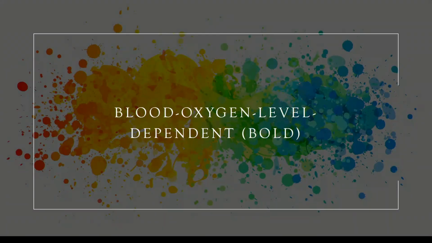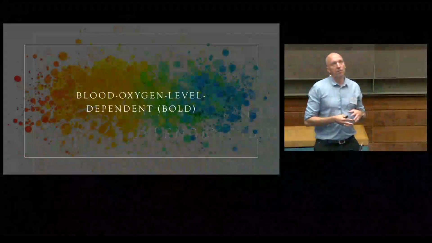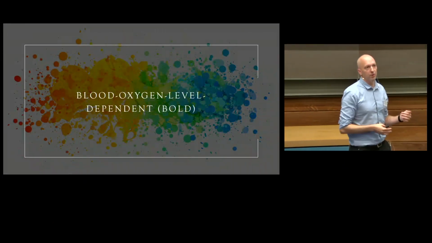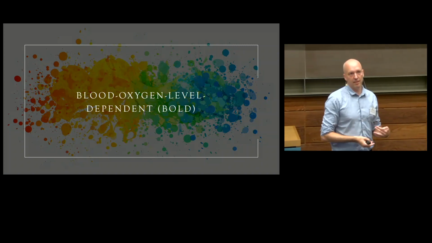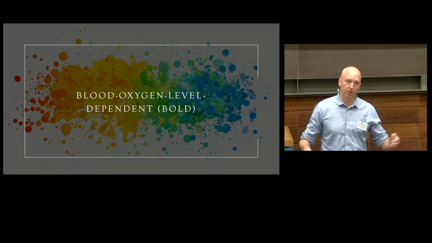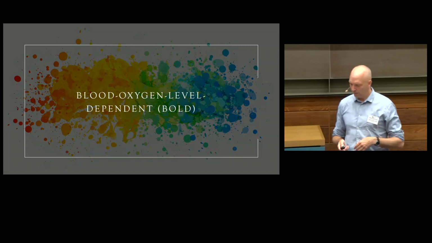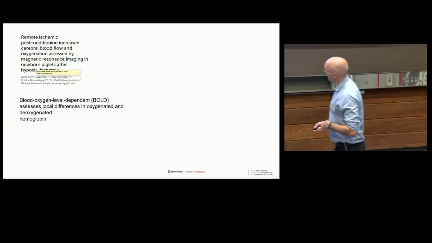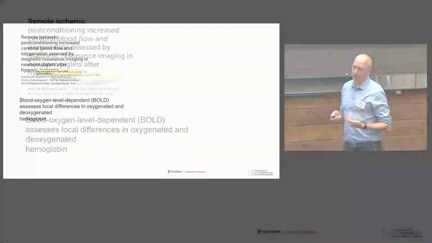Then we also looked, and our scan time for all of what I'm presenting here is up towards 45 minutes in anesthetized animals. So we're not doing 2 hours, but it's also not taking 15 minutes. With BOLD imaging, you can assess local differences in oxygenated and deoxygenated hemoglobin.